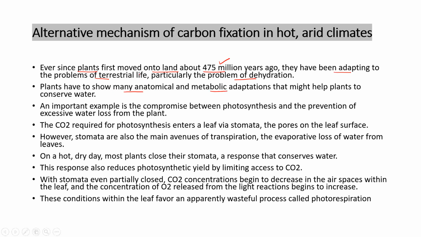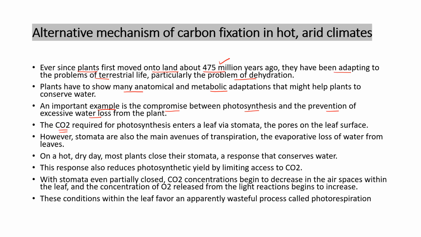We have studied in the previous video, C4 plants have developed a special type of anatomy, that is Kranz anatomy, to show the adaptation to the problem of dehydration, to do the compensation. An important example is the compromise between photosynthesis and prevention of excess water loss.